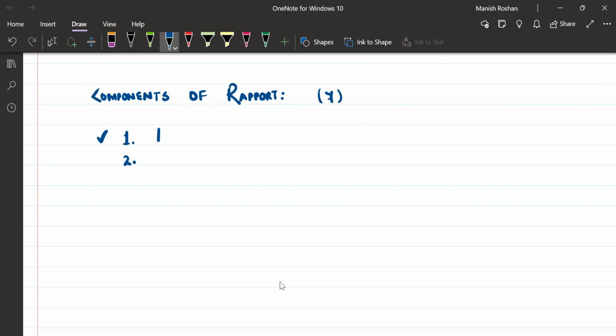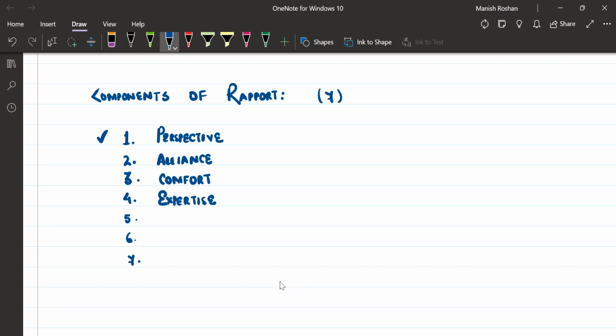So first is the perspective, lines, comfort, expertise, trust, insight, and last is the guidance.